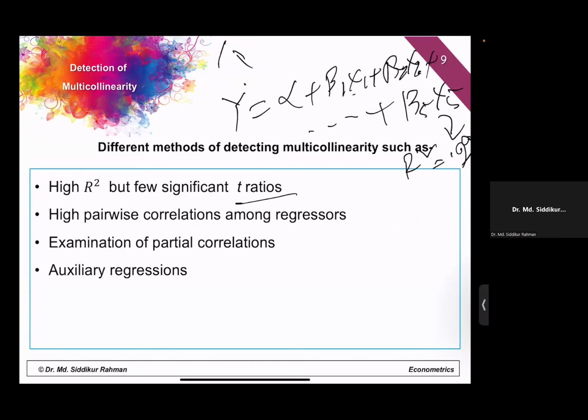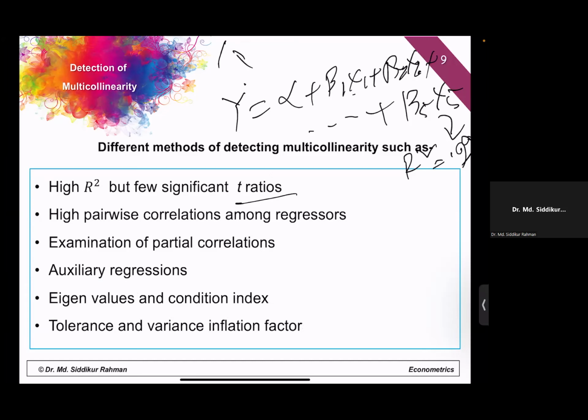What is auxiliary regression? Anyway, for the time being, maybe we can discuss it later, but try to know what the detecting methods are, right? Then eigenvalue and condition index, tolerance and variance inflation factor. For the time being I'm going to be very quick, but maybe in the next class, in the practical, we can go into brief descriptions of these topics.